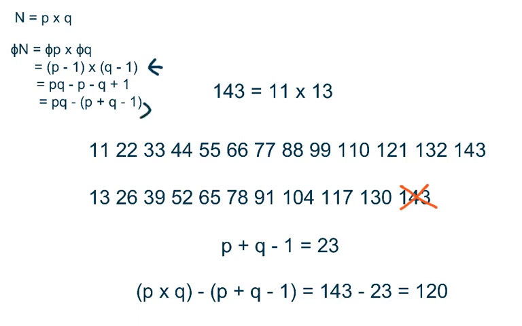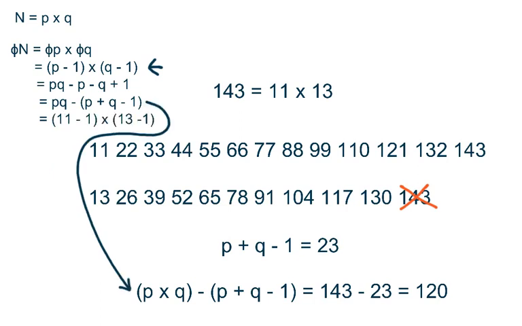And this is precisely equivalent to what I found down here. And if I want to convince myself even further, I can plug in p and q into p minus 1 times q minus 1, or 11 minus 1 times 13 minus 1, and end up with 10 times 12, which is of course equivalent to 120, which again is precisely what we found down here.